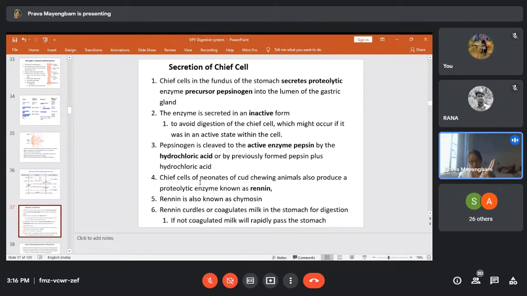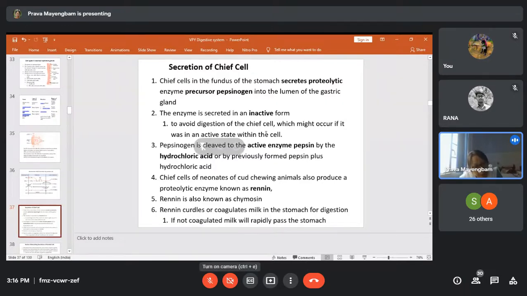So here also, what are the secretions of the chief cells? Chief cells secrete pepsin in the form of pepsinogen, which is activated in the presence of HCl. HCl will be coming from the parietal cells, and also the presence of some amount of already activated pepsin mixed with HCl will activate more and more of the pepsinogen and convert it to pepsin.